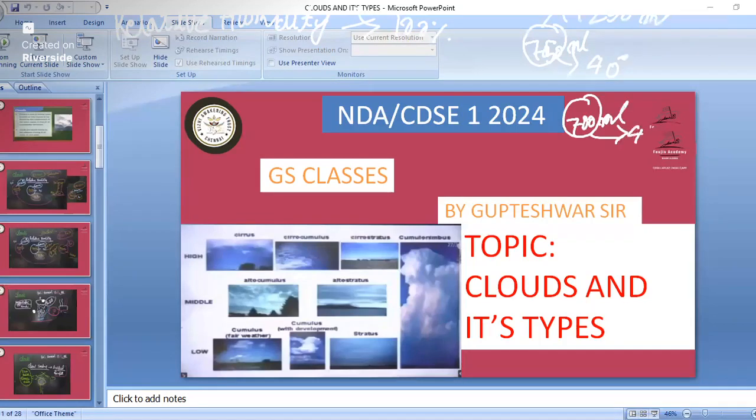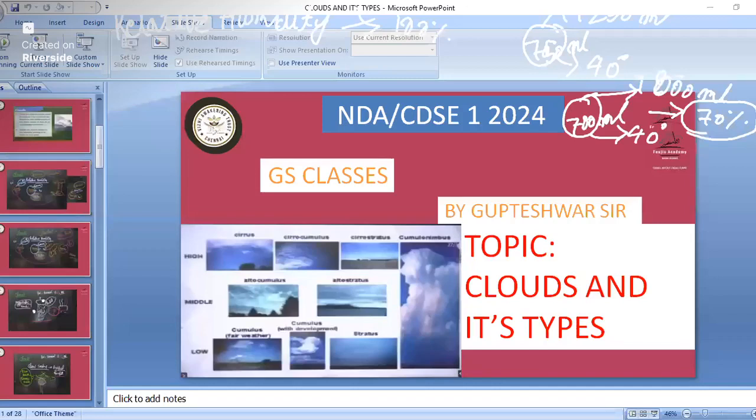Here the temperature is 40 degrees at the Earth's surface, and its total capacity is 1000 ml. You all know that if relative humidity is 100%, it attains saturation, then we have cloud formation. But here we have only 70%. So there will be no cloud formation.